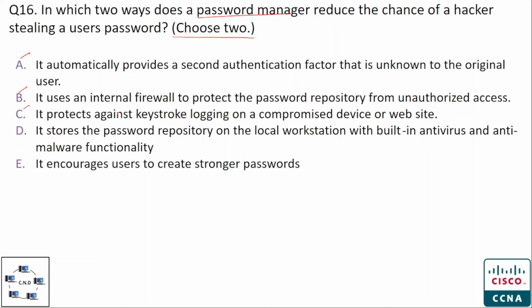Option C, it protects against keystroke logging on a compromised device or website. Option D, it stores the password repository on the local workstation with built-in antivirus and anti-malware functionality. And option E, it encourages users to create stronger passwords.